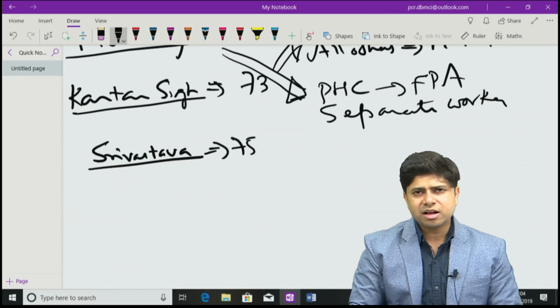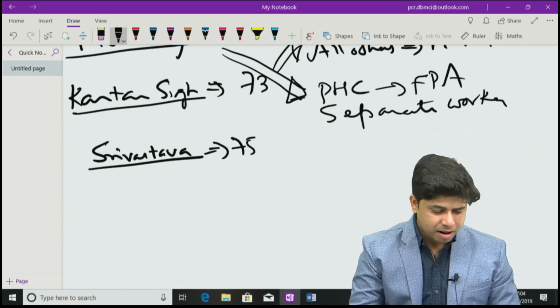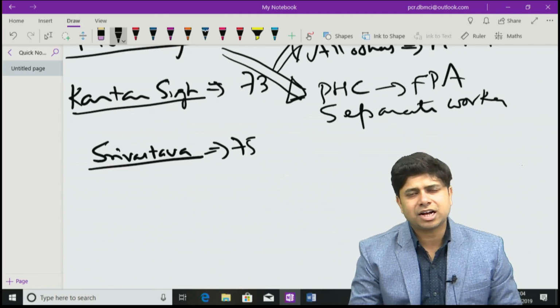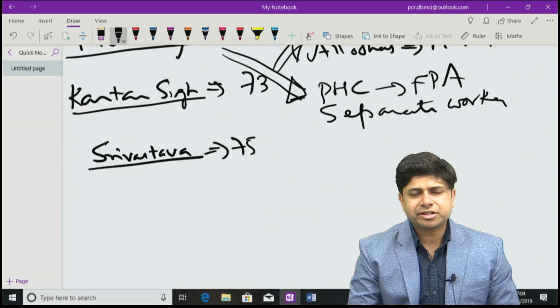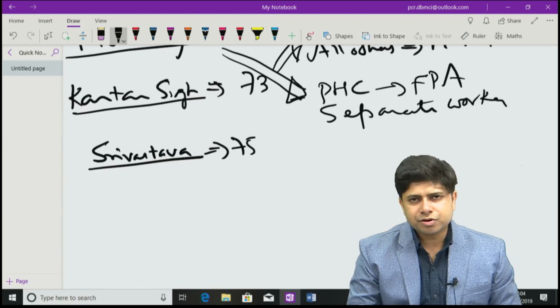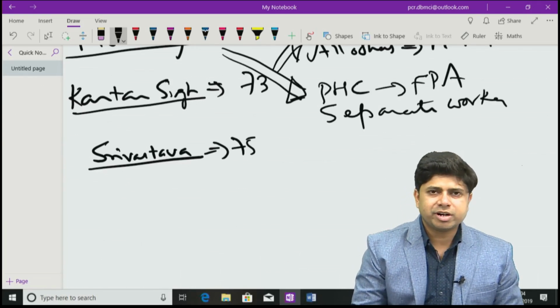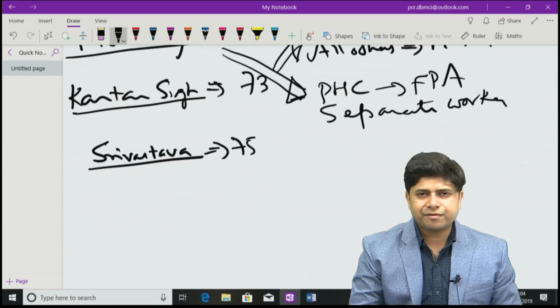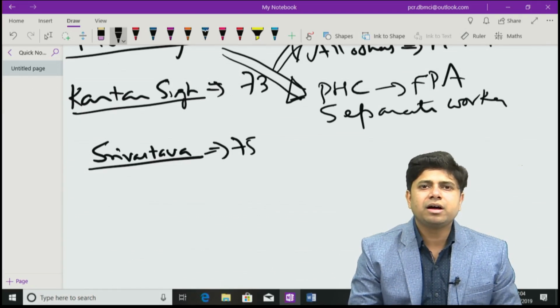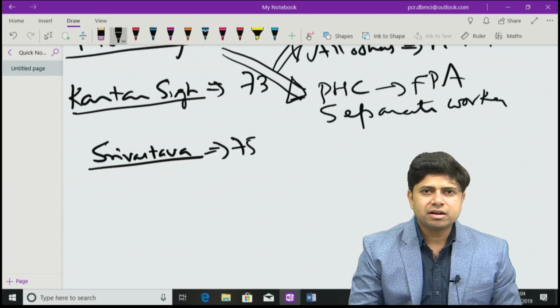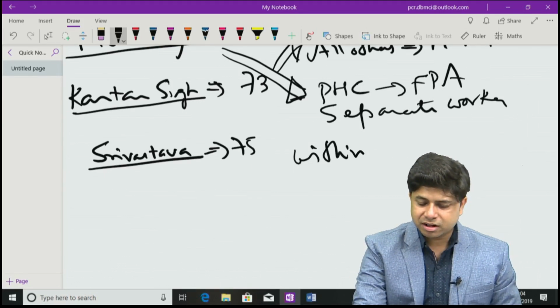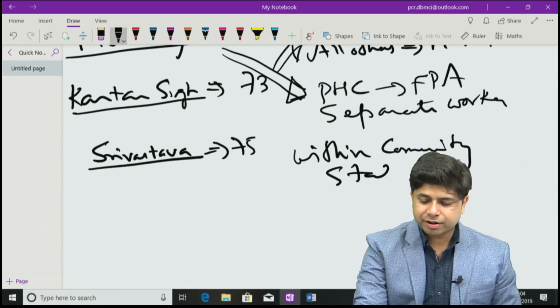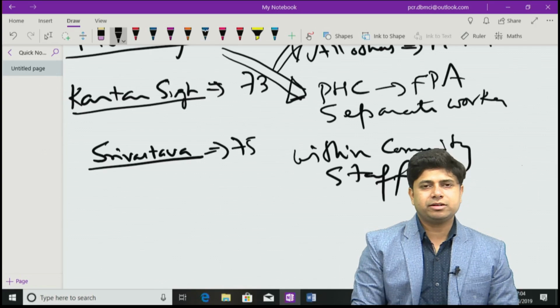They said that paraprofessional health workers like ASHAs and health activists should be chosen from within the community because they know the community well and are better communicators with the community. So within community staff, this was the Srivastava committee recommendation.